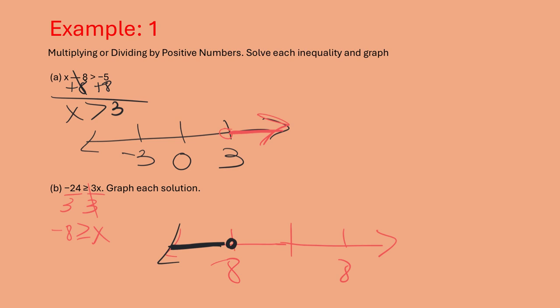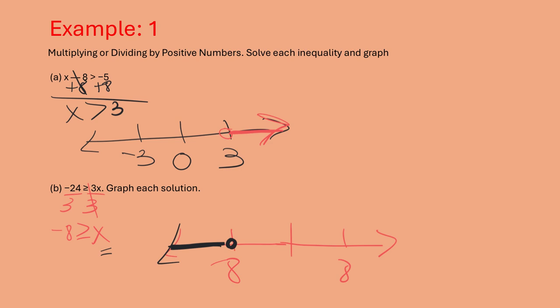It's on the right-hand side. Always remember, if your variable is on your left-hand side, you go wherever the inequality is telling you to go, okay? If your variable is on the right-hand side, as in this case, you go the opposite of what the inequality is telling you.